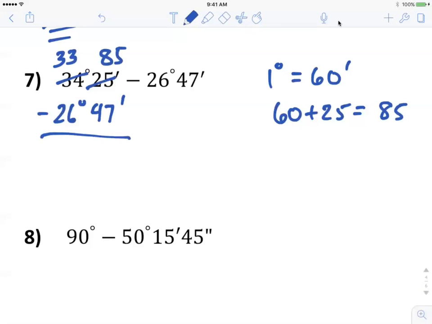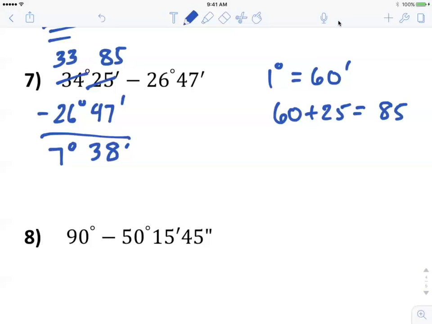Converting it that way allows you to subtract the like units. So 85 minus 47 is 38, if I'm doing that right. You can check my math and email me if I'm wrong. And then 33 minus 26 is 7 degrees.